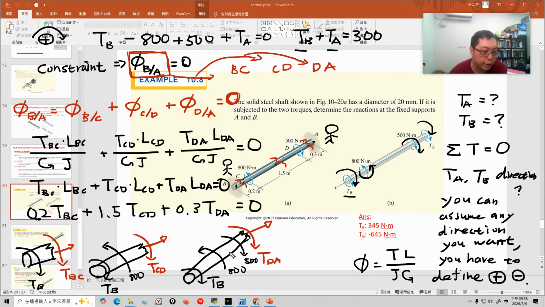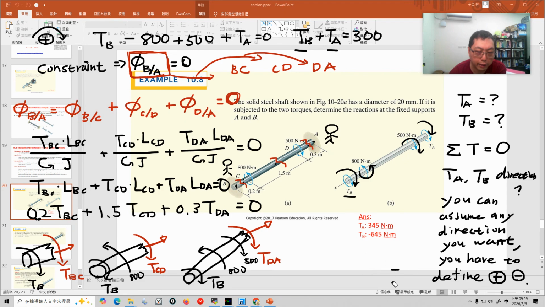For each section, we have to use the rigid body equilibrium to analyze these three cut sections, because everything is static in this problem. So the total torque on these sections must be 0. I don't have space here, so maybe I have to clean this.